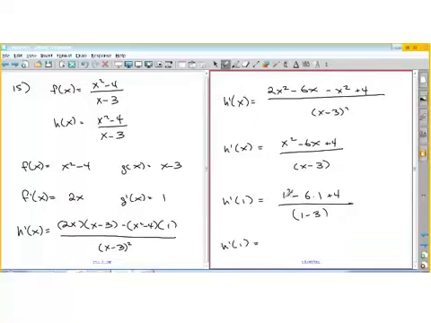You do the math. 1 minus 6 plus 4, so that's 5 minus 6 is negative 1. And in the denominator we get negative 2, so the answer is 1/2. So that is the value of the derivative at x equals c, where c is equal to 1. Again, that's the slope of the tangent line at that particular point.